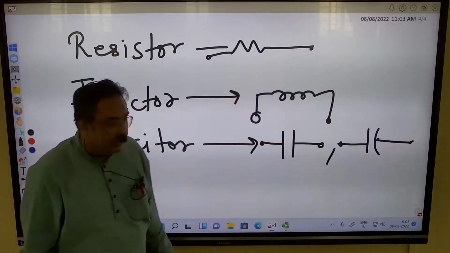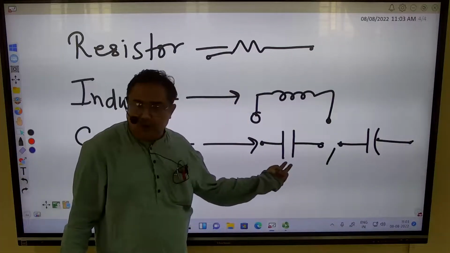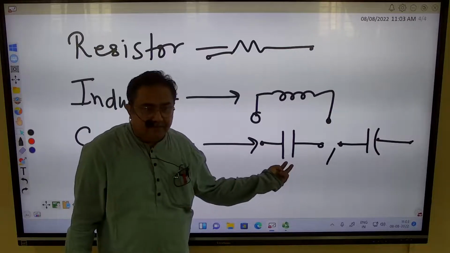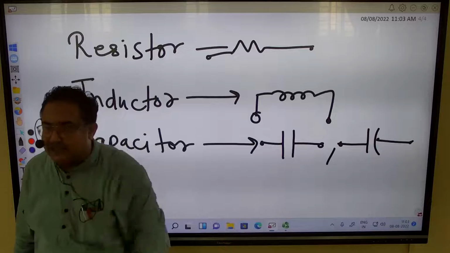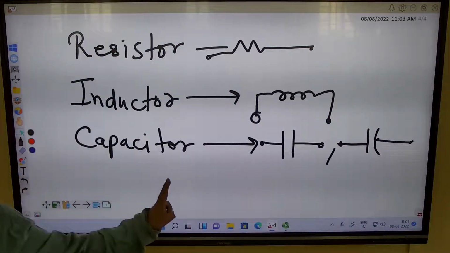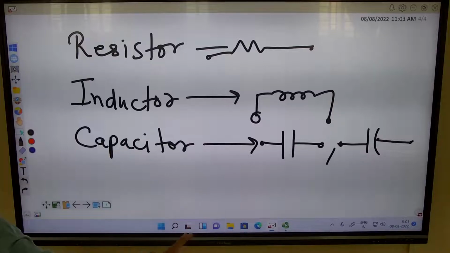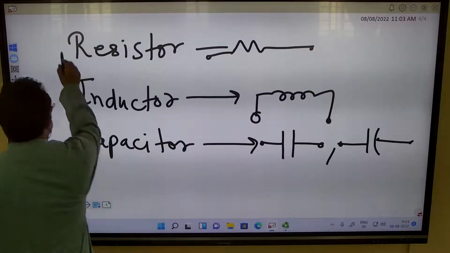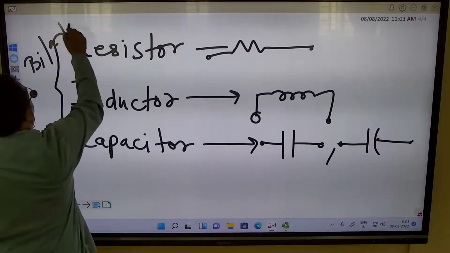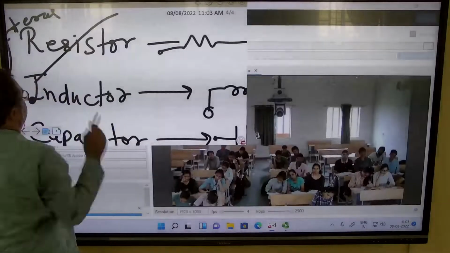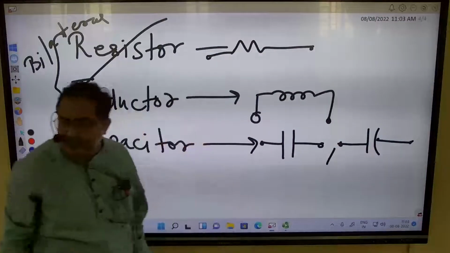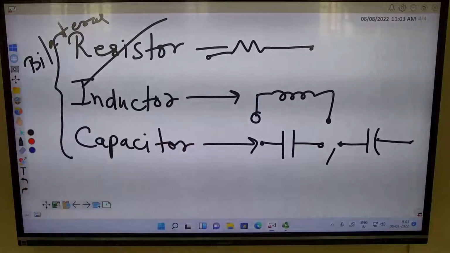Is it clear? These two lines should be of equal size, equal length. Okay, if they are of unequal length, then it will be a sign of battery. Mind it. If these are of equal length, then it is of capacitor. Is it clear? So these all three elements, they are which category? Bilateral element. This is clear? They come under the category of bilateral element.